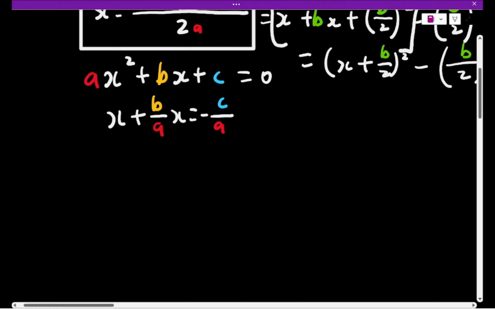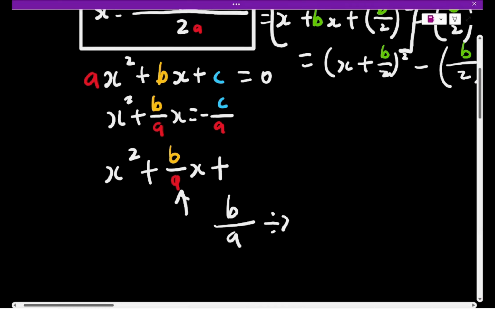Okay, let's get to completing the square on this side. So we have x squared plus b over a times x plus, so we are going to take this coefficient and divide it by 2. b over a divided by 2 is equal to b over a times half, which is equal to b over 2a.